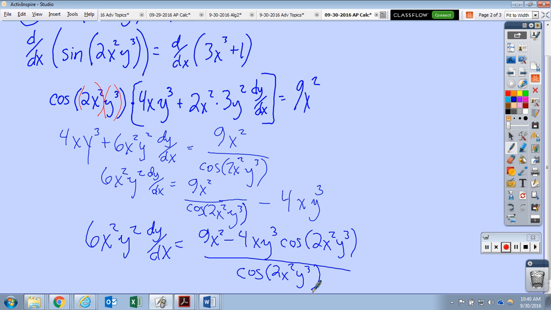I'm multiplying 4xy cubed by the cosine of 2x squared y cubed over the cosine. So it's multiplying that by 1 so you can get a common denominator. Okay.